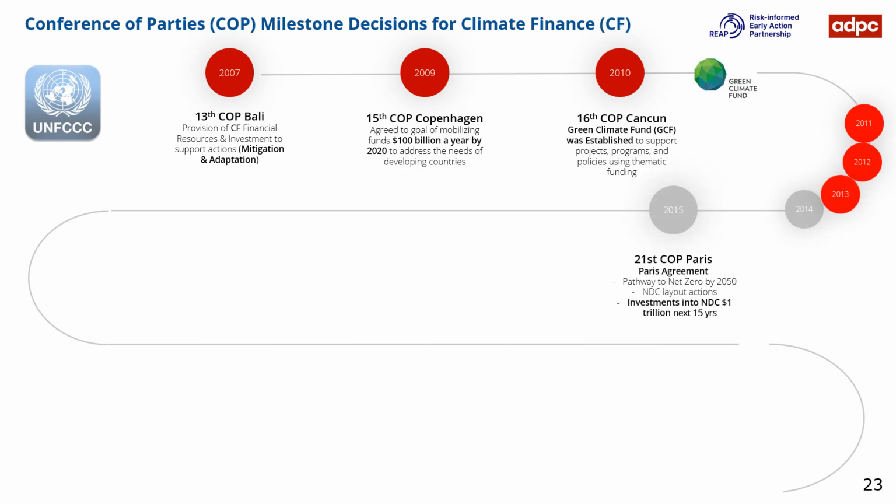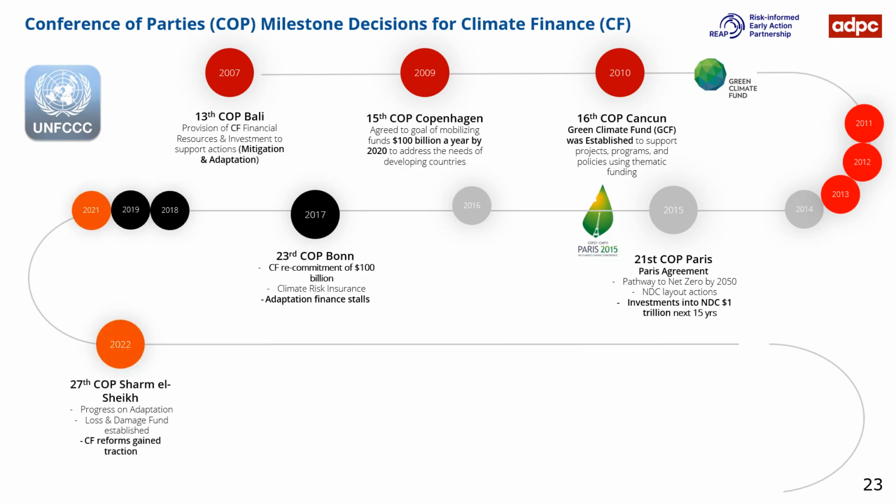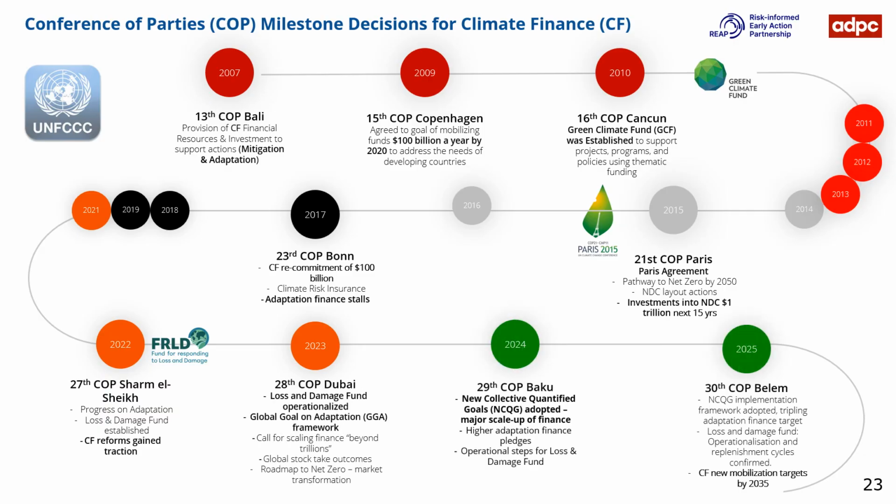The Paris Agreement at COP21 marked a turning point by linking finance to NDCs, mitigation, adaptation, and long-term climate-resilient development. Subsequent COPs increasingly elevated adaptation finance, climate risk insurance, loss and damage, the Global Goal on Adaptation, and the new Collective Quantified Goal.